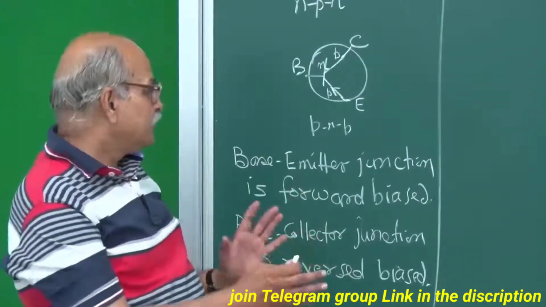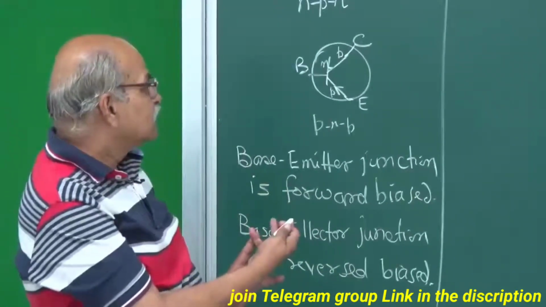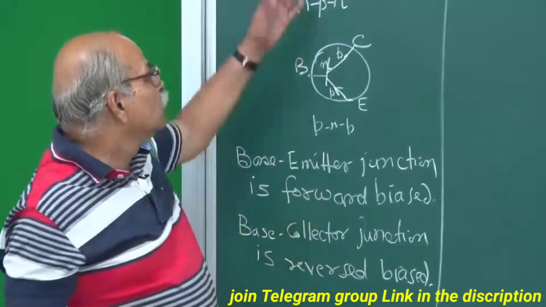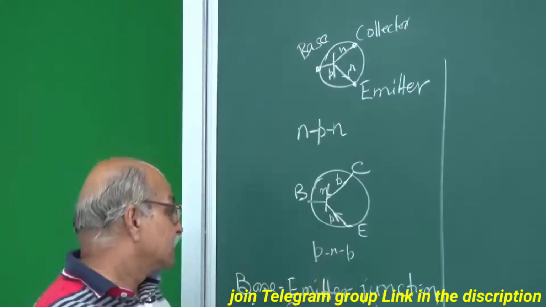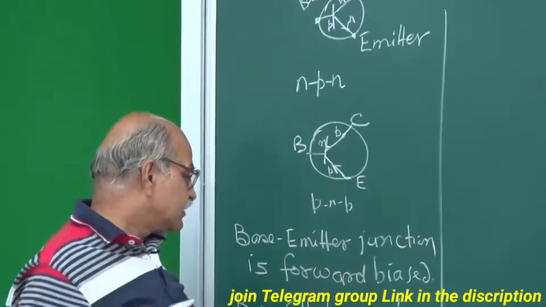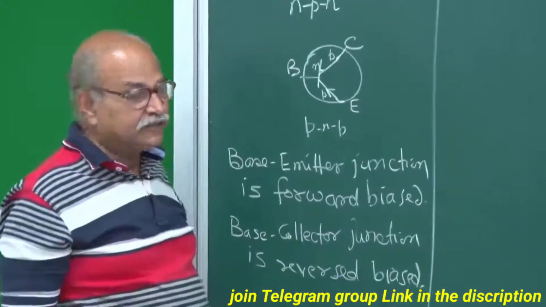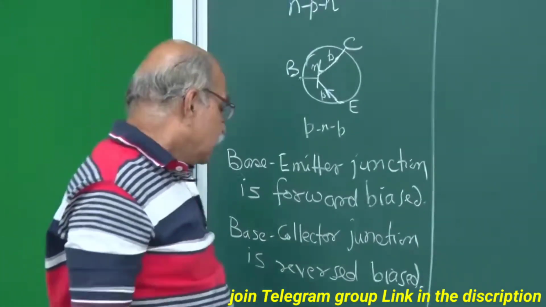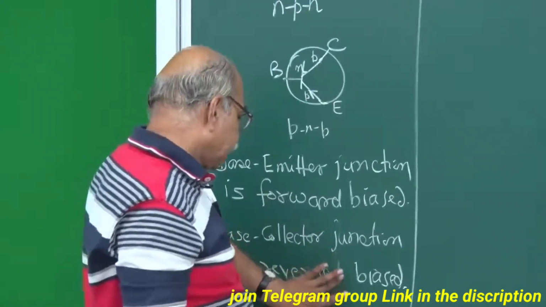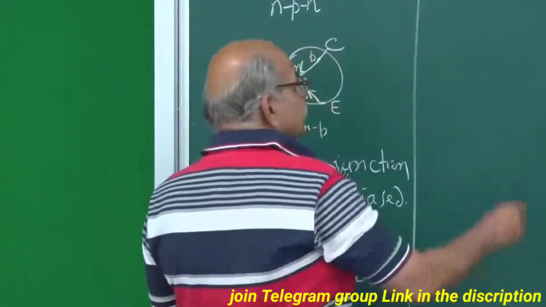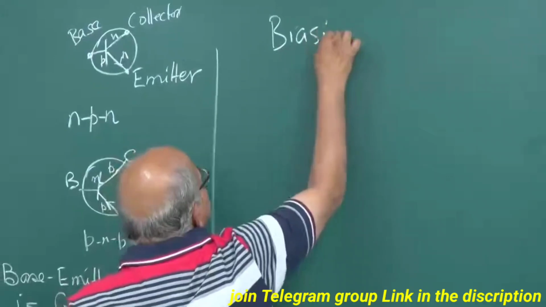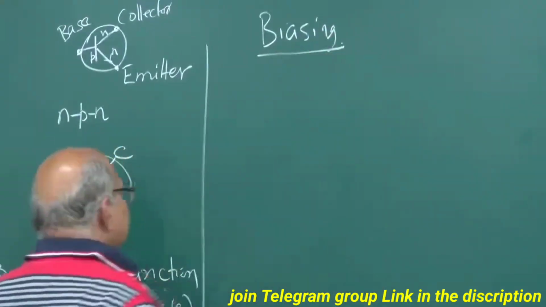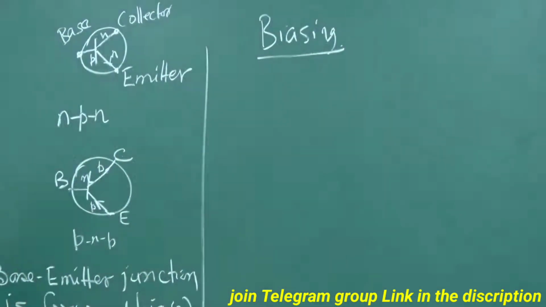So, how do I bias this transistor? There are two PN junctions, both are to be biased. One is to be biased forward biasing and other is reversed biasing. So, that biasing in this fashion can be achieved in several manners.